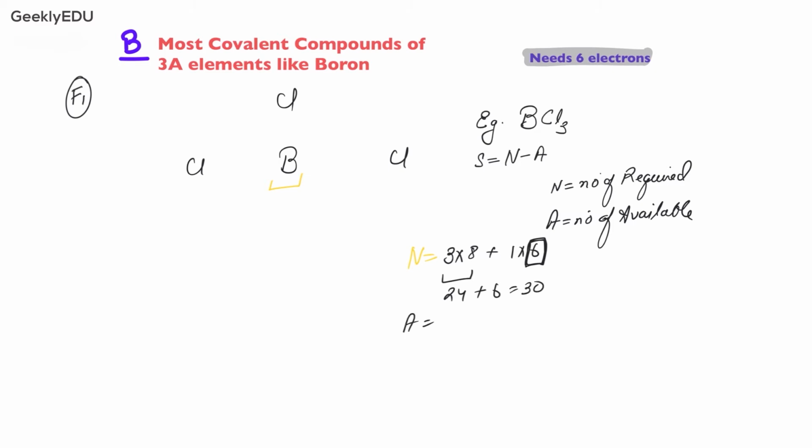A equals the availability, right? So 3 times 7, that equals 21, plus boron, hydrogen, helium, lithium, beryllium, boron 5, right? So 2 comma 3. So we have 1 times 3, that means 3, that means 24. So that means you need 6 shared pair of electrons, right?